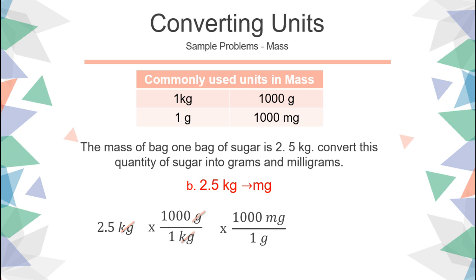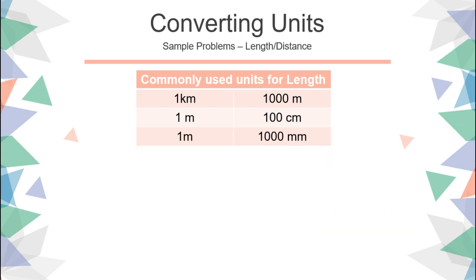Next, we have length. Which is the most common for us? These are the commonly used units for length: kilometer, meters, centimeter, and millimeters. Kilometer, we usually use in long distances. Meters are quite far, but not as far as a kilometer.